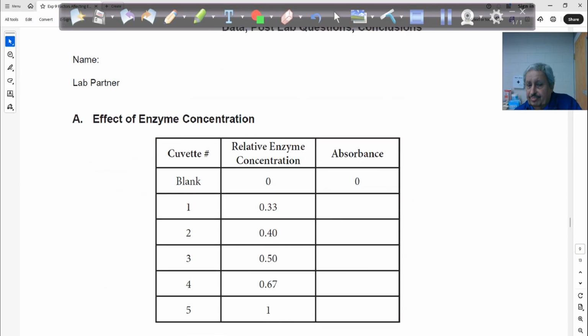That's your data, correct? That's the blank, 0 concentration, 0 absorbance. And then 5, the concentration. You can see here all the concentrations calculated for you. You just record the absorbance here, correct? So that's the first one.